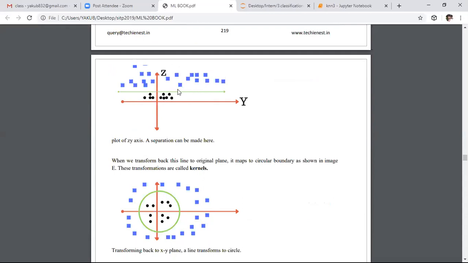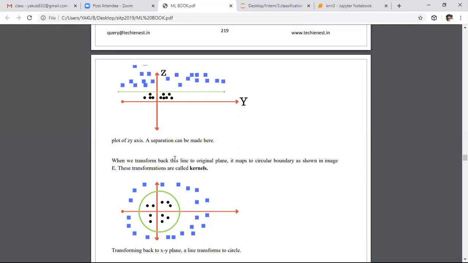After that, we need to visualize this data in the form of 2D only. To visualize it in 2D, I am converting the 3D data back into 2D. After converting the 3D data into 2D, if you observe this hyperplane in 2D, it will look like this.